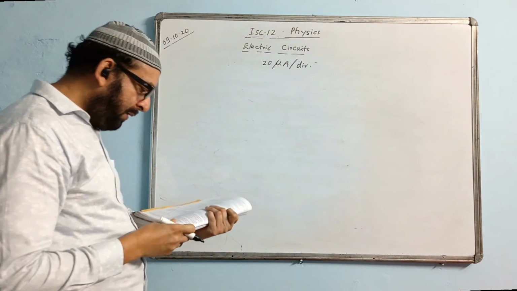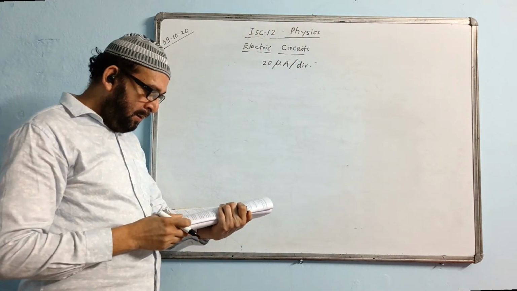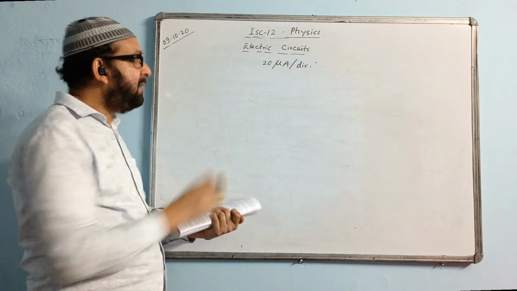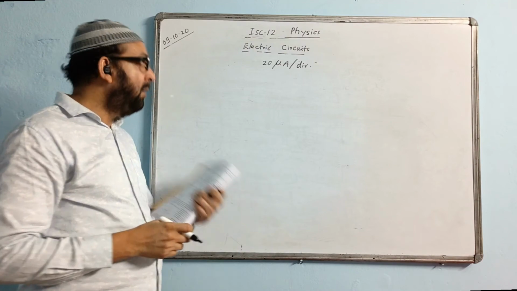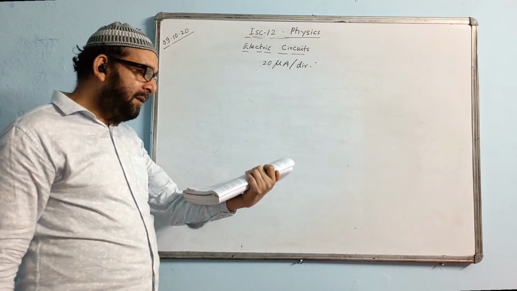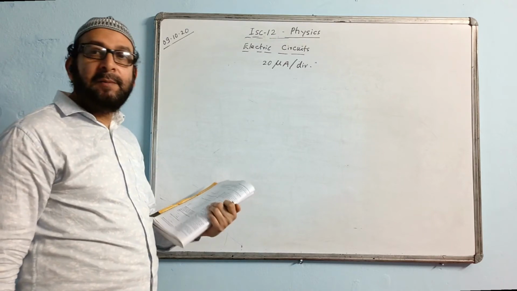It has a resistance of 25 ohm. The galvanometer has a resistance of 25 ohm. How will you convert it into an ammeter reading up to 1 ampere?